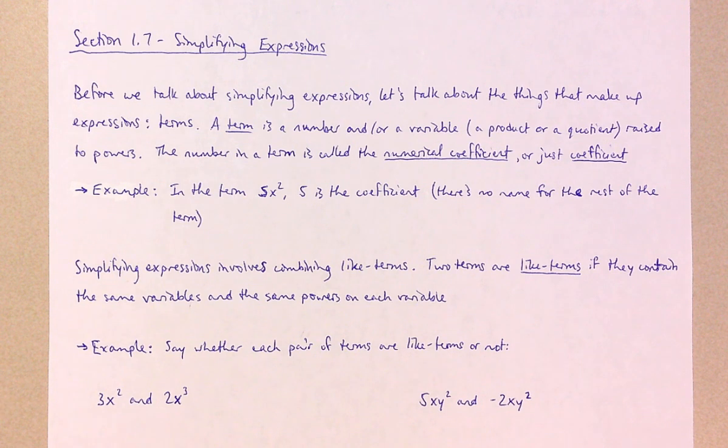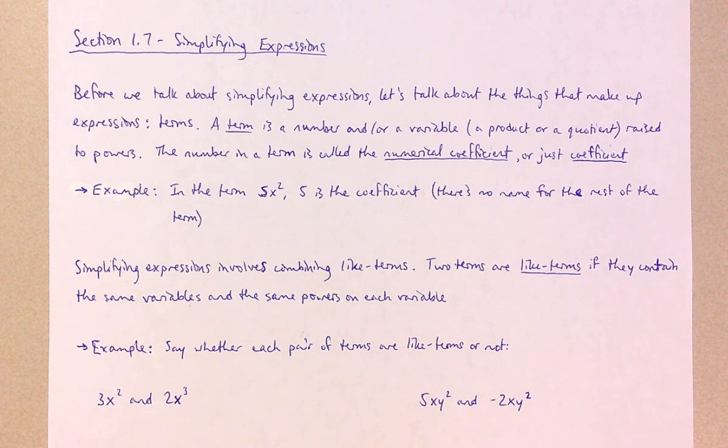Now, a key piece in simplifying algebraic expressions has to do with combining like terms. So what are like terms? Two terms, or even more terms, are like terms if they contain the same variables and the same powers on each variable.